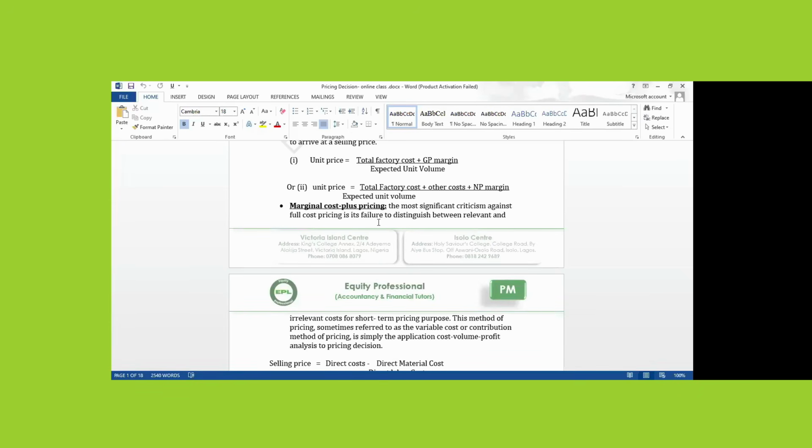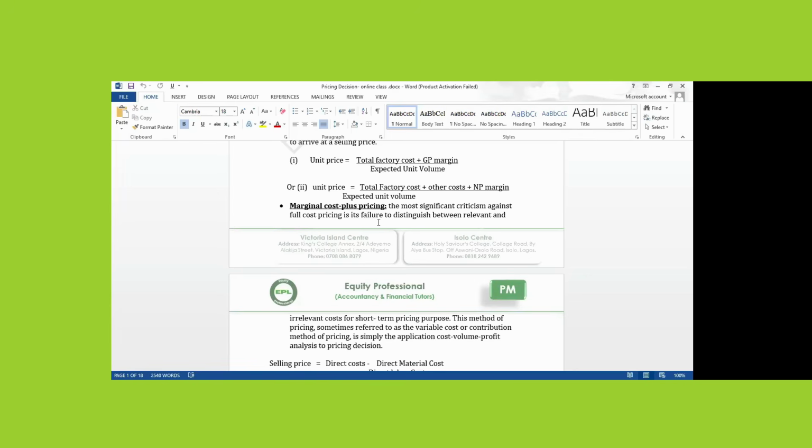Under this method, only the variable cost of the product will be taken into account so as to estimate selling price.